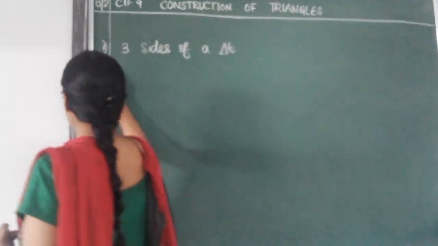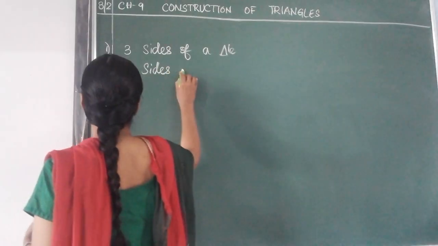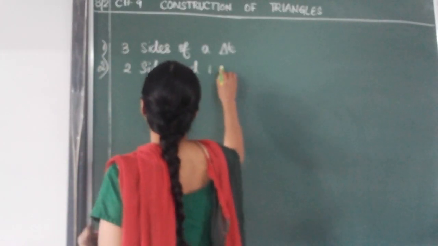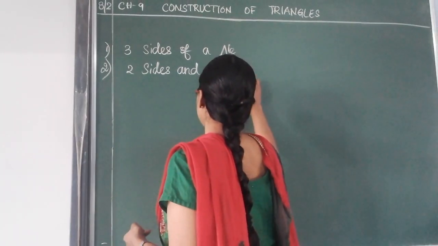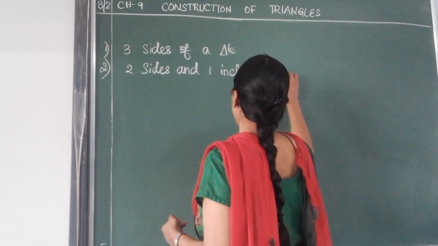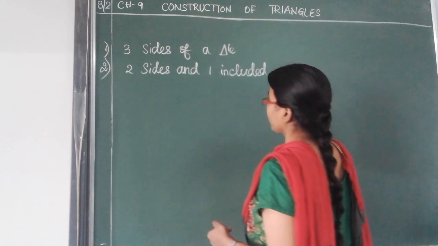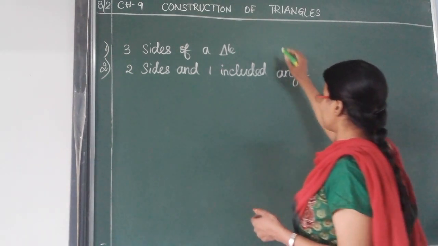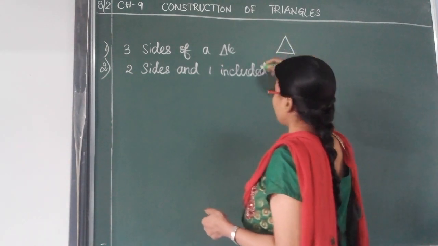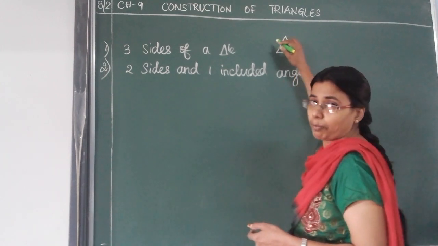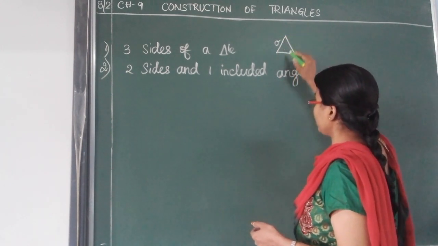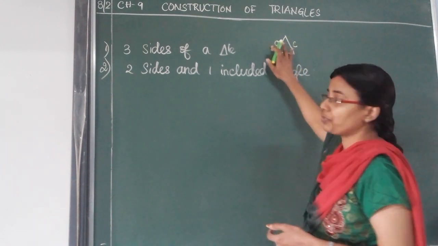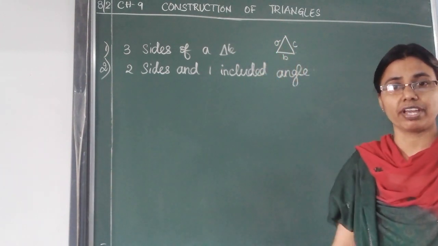The second one is, if you know 2 sides and one included angle. That is, if this is a triangle, here all 3 sides are given, the measurements, for example, this is A, this is B and C. If you know A, B, C, you can construct a triangle.